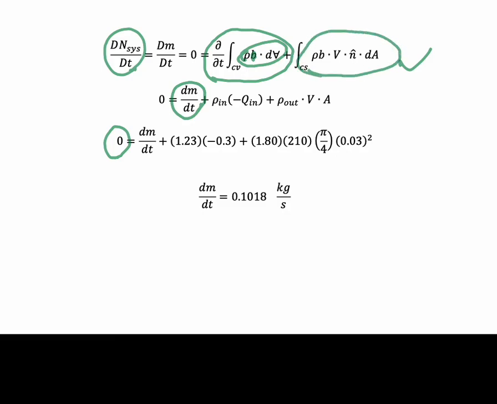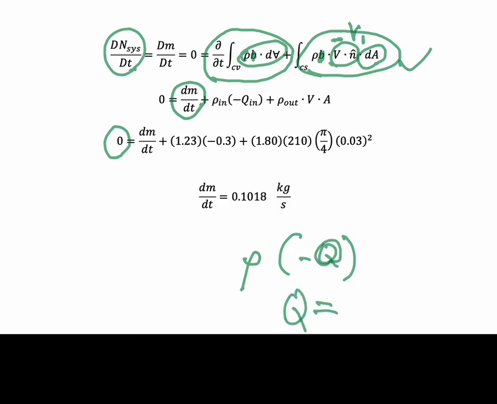So we have B is 1, rho V·n is negative V inlet, and dA is the cross-sectional area. In some solutions, people use the idea of rho and negative Q. The Q here, as we know from our previous lecture, is equal to A times V. This is A and this is V, so we have Q here.